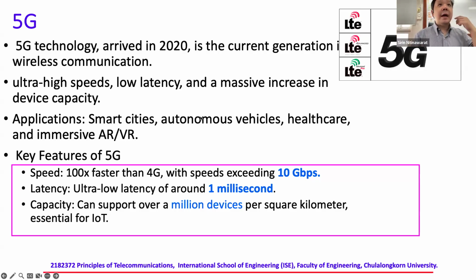Autonomous vehicles, of course, these are so-called self-driving cars. The reason why cellular networks are so important for this type of emerging vehicle is that the vehicles have to know their environment.